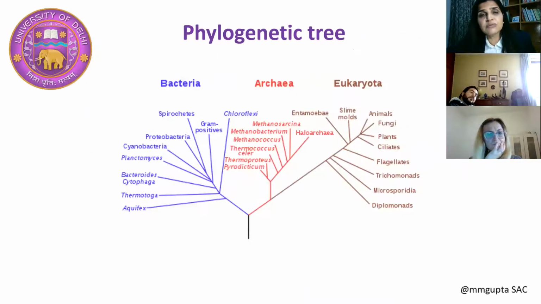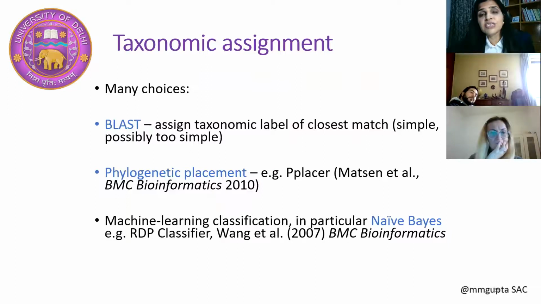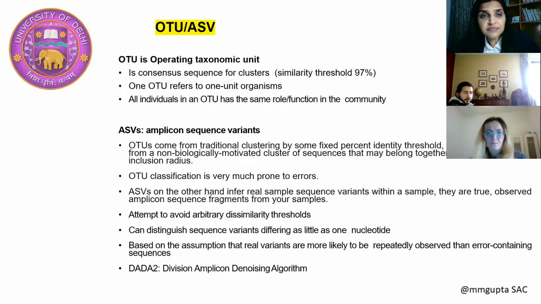So we could do this by making a phylogenetic tree also. And for taxonomic assignment, we have many choices. We could use BLAST, and we could use machine learning algorithms also, particularly the RDP classifier, which is quite popular and gives you accurate results. So before we go further, we must understand the difference between OTUs and ASVs, right?